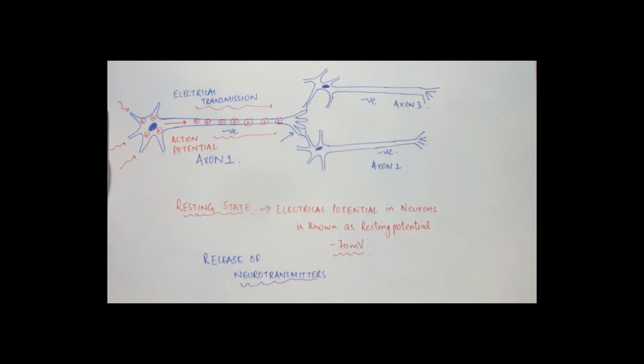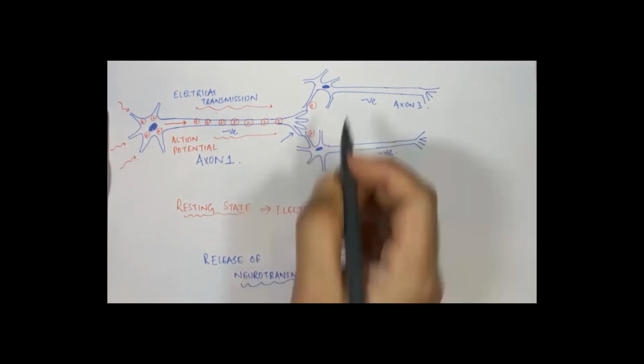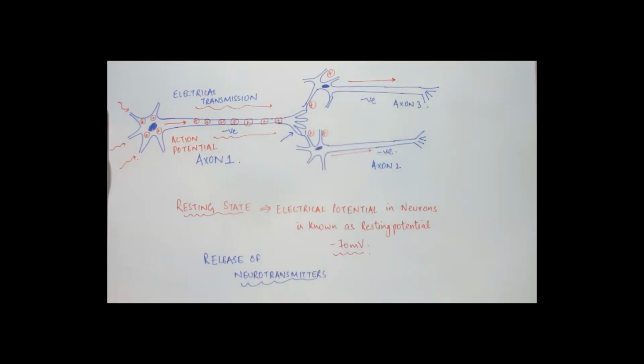These neurotransmitters interact with the dendrites of axon number 2 and axon number 3, and they cause development of similar action potentials in both the axons which are connected to axon number 1. So this is how the electrical signal transmits across the various axons.